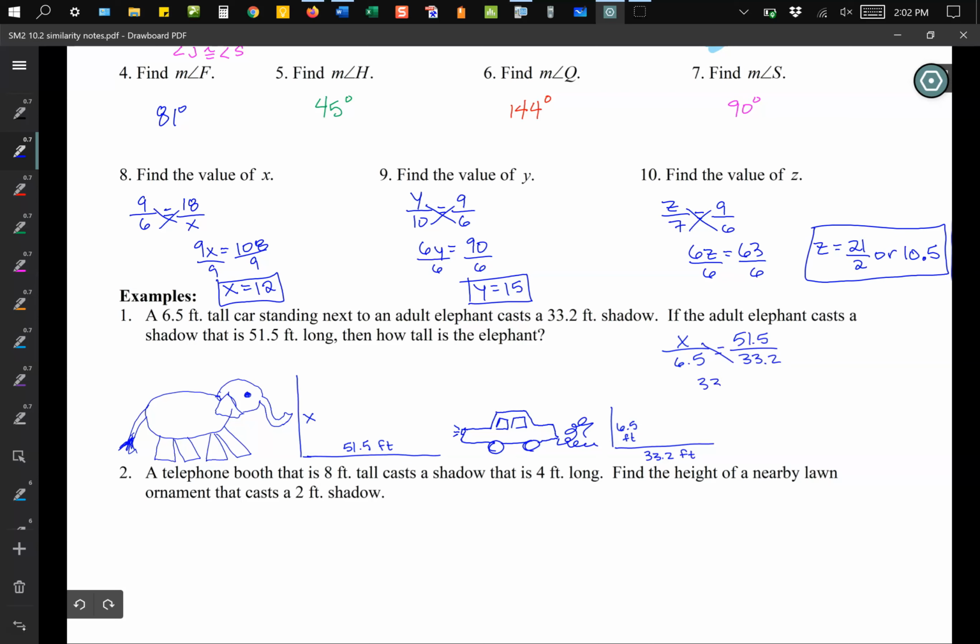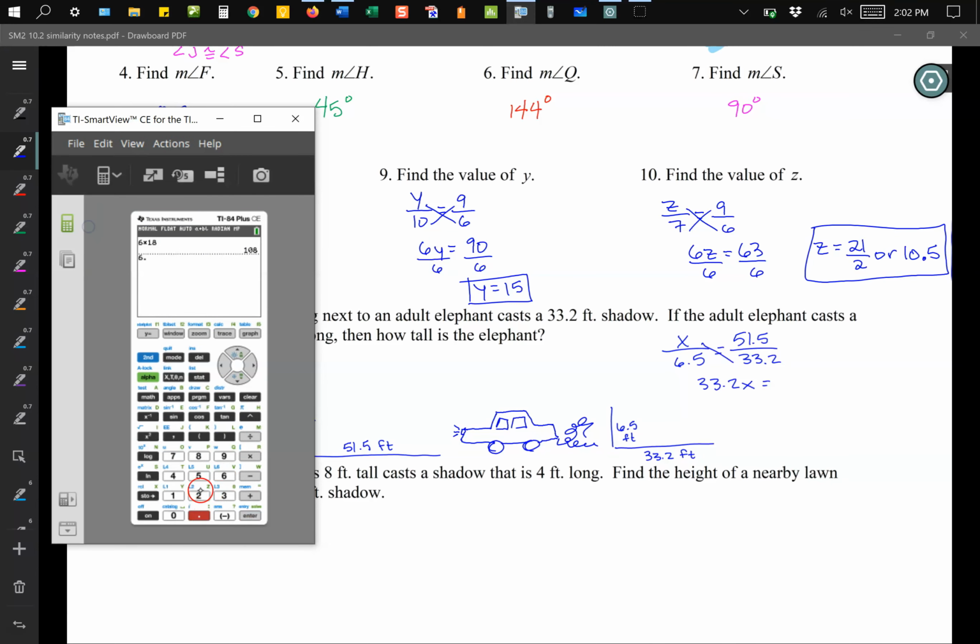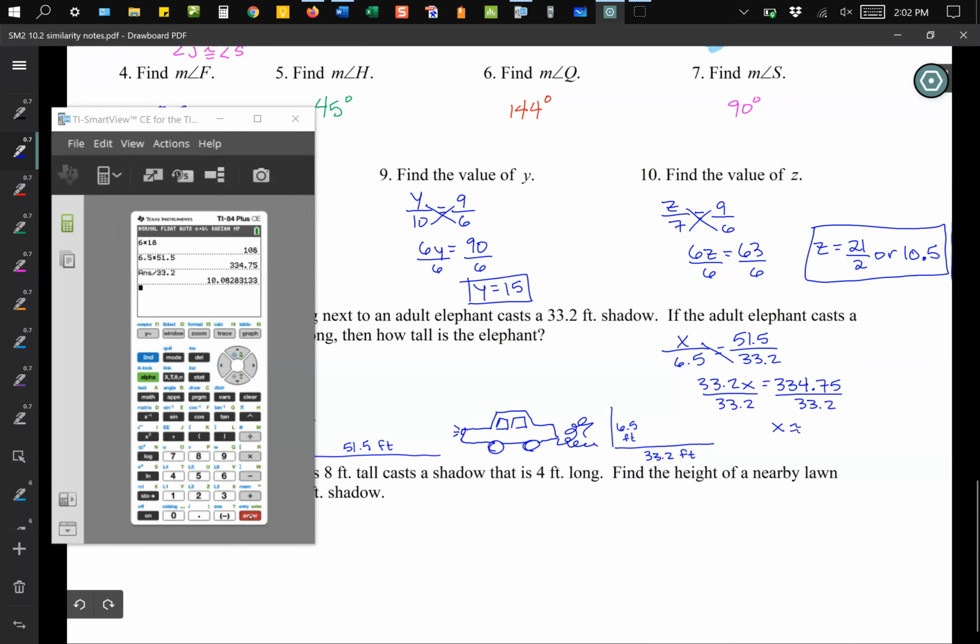So that gives me 33.2x equals 6.5 times 51.5, 334.75, divide by 33.2, you get x is about 10.1 feet tall.